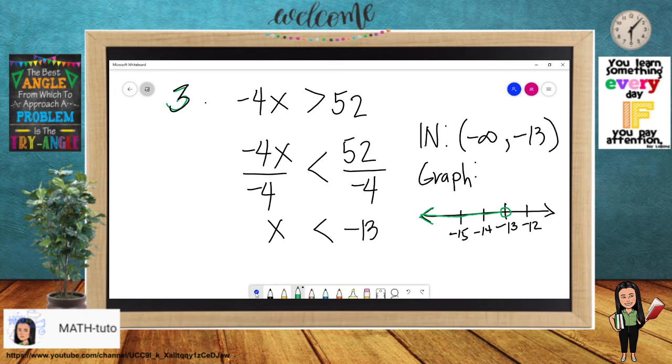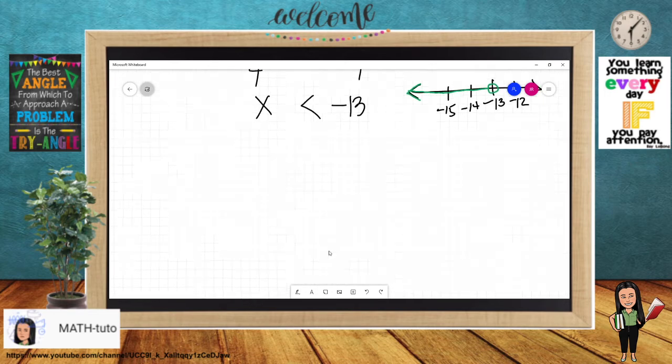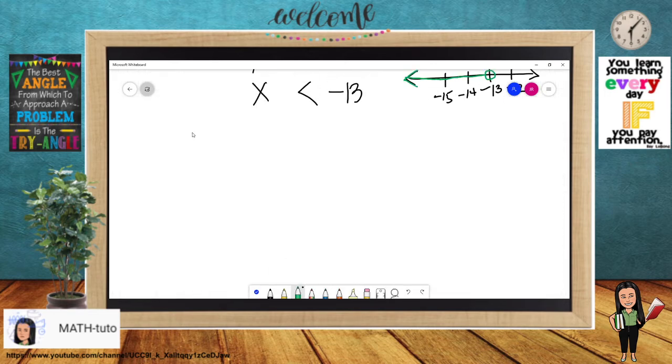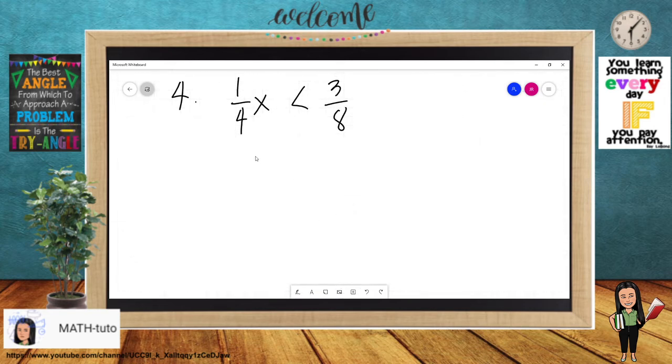Okay? Let's have another example. One over 4 x less than 3 over 8. We can multiply 4 to both sides of our inequality.